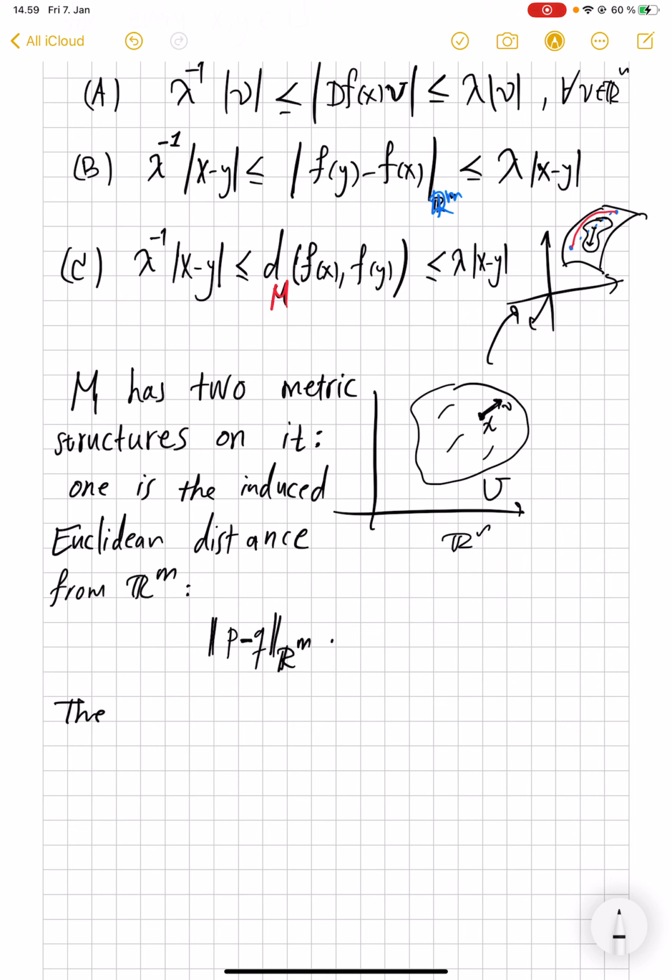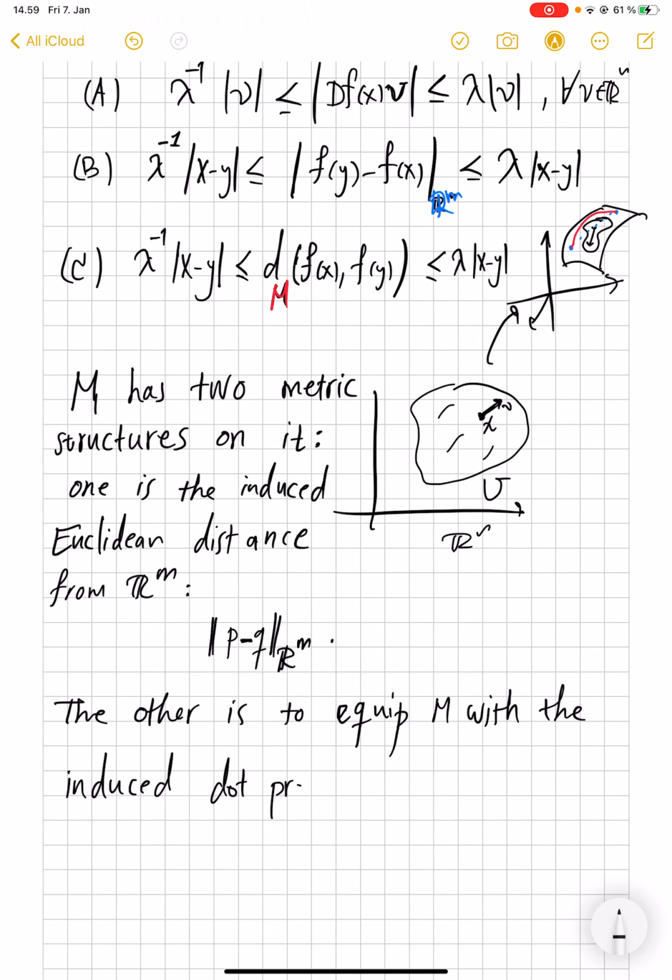The other is to equip M with the induced dot product from Rm, that is, we make it a Riemannian manifold with this metric.